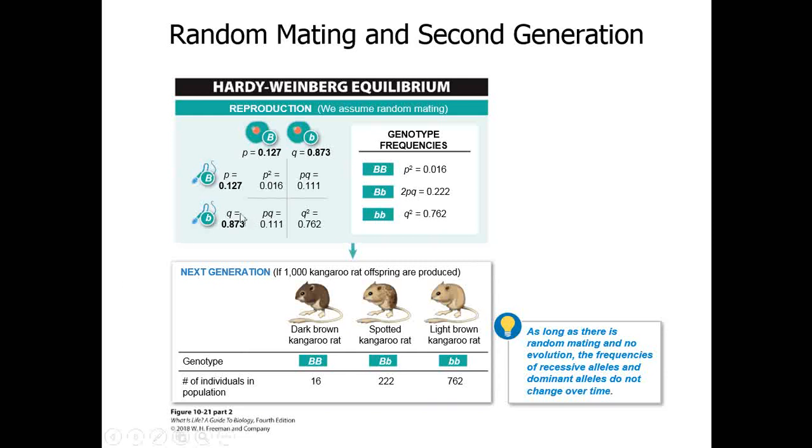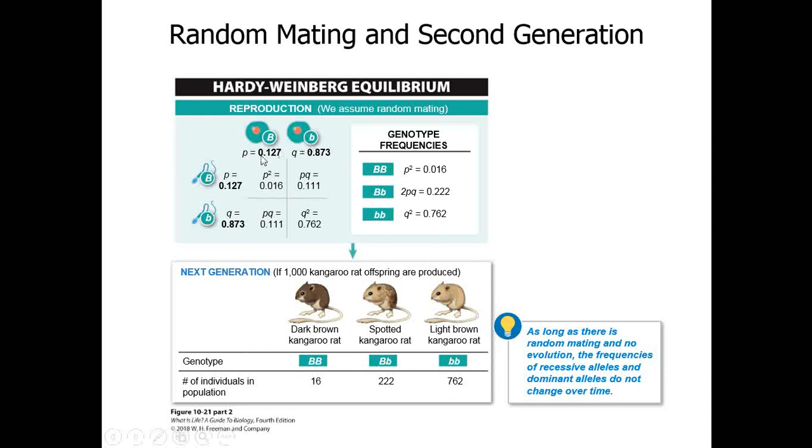And so when you look at your Punnett square up here from the numbers that we got before, again, our allele frequency for the dominant allele is 0.127, and then the allele frequency for the little allele, the recessive allele, is 0.873, okay? And again, these should add up to 1. P plus Q should equal 1, if you remember the first equation. So if you set these up in a Punnett square, we've got our adult individual here, this is dad, and dad is a heterozygous male, and we've got mom up here, and she's a heterozygous female.